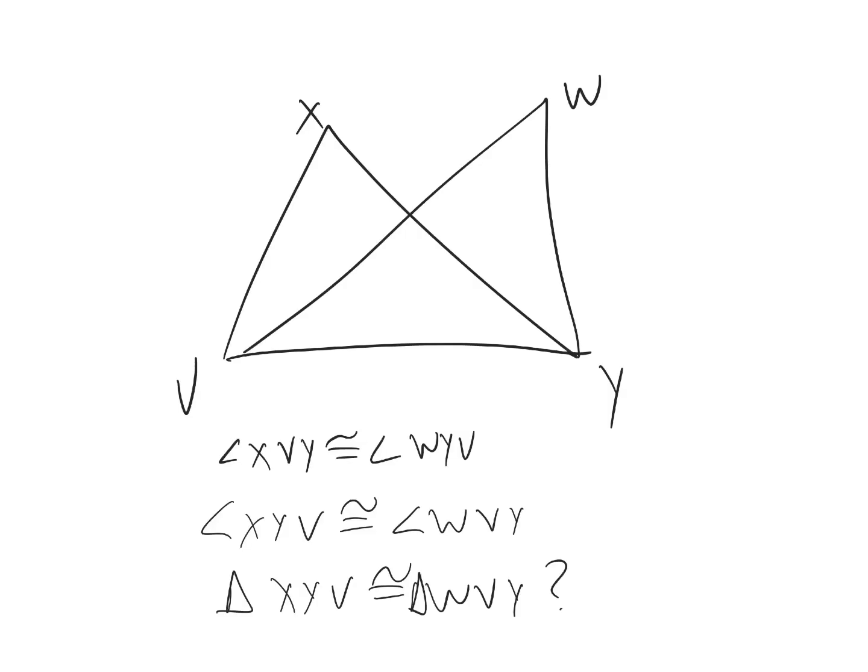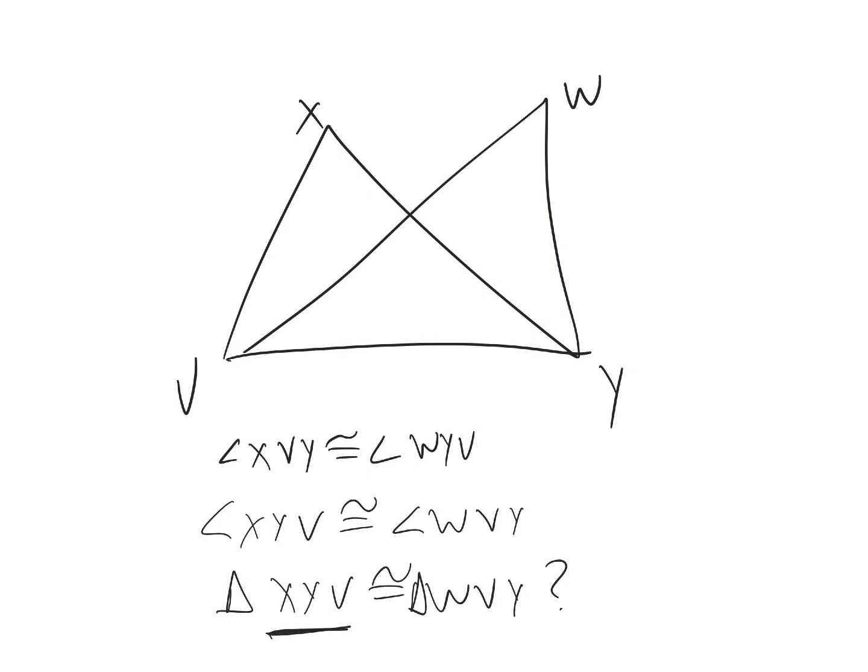All right, so those are your givens. You're trying to prove whether or not there's enough information to show those two triangles, triangle XYV and triangle WVY, are congruent. Like in other parts of the video, anytime you have overlapping pictures, you should separate them and look at both sets.